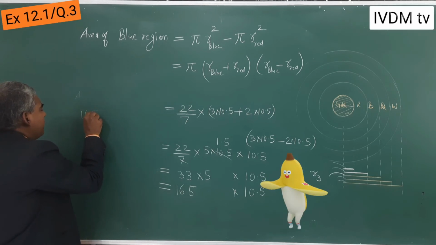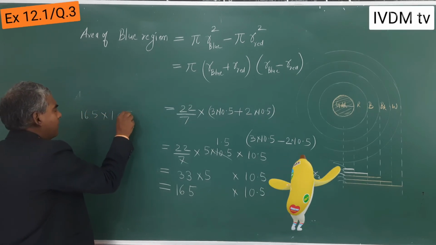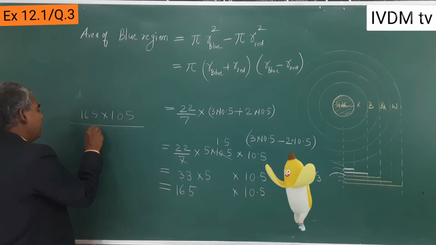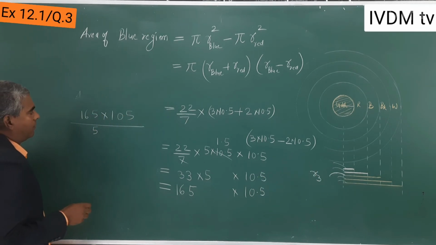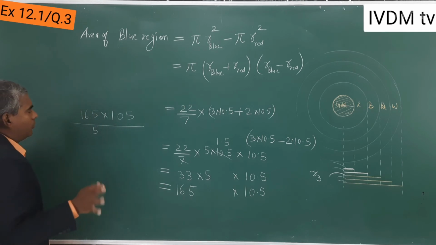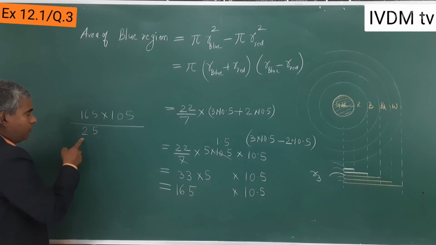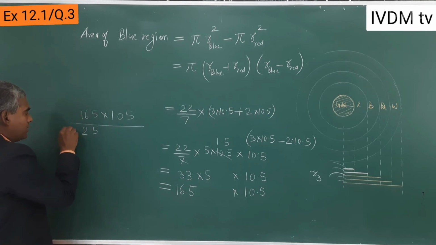So 165 multiply 105. 5 fives are 25, 2 5 6 is 30 and 2, 32, 3, 5 1 is 5 and 3, 8.